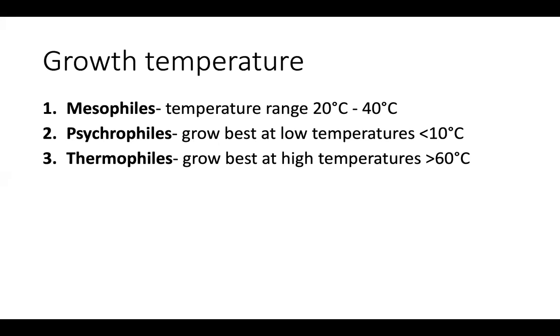Then you have the thermophiles that are able to grow at high temperatures, which is why it's important when reheating food. I think you'll deal with this when you're looking at foodborne diseases. Reheating, heating, and putting in the fridge and back. That's why you have some of these risks, psychrophiles and thermophiles. But anyway, the take home for this slide is that most of the medically important bacteria are mesophiles.